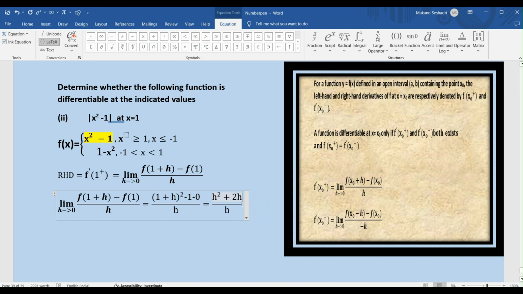I can still pull out an h, and remove the h from the denominator. So let's do that, and I'm left with h into h plus 2.